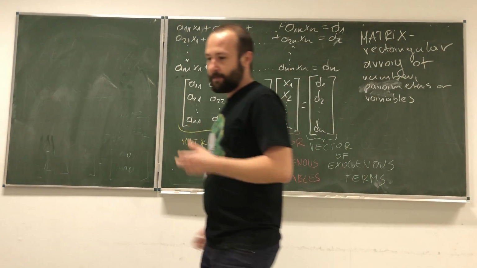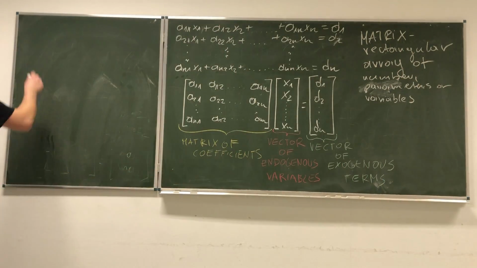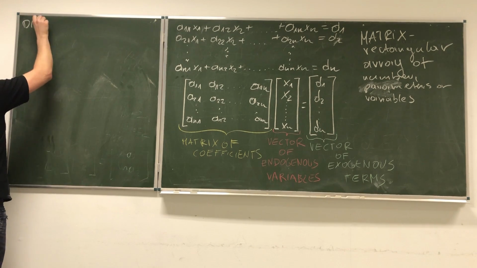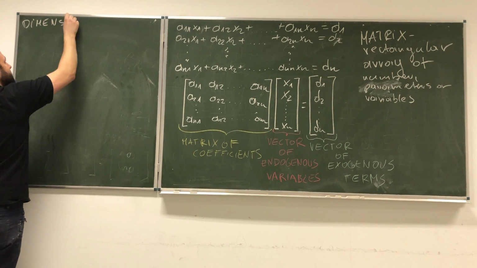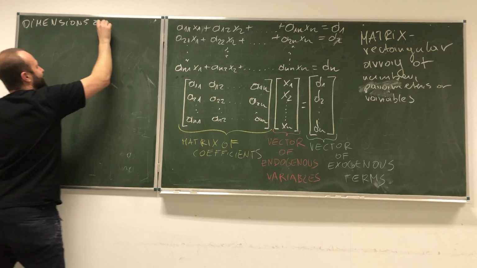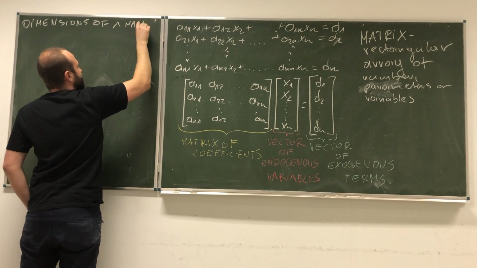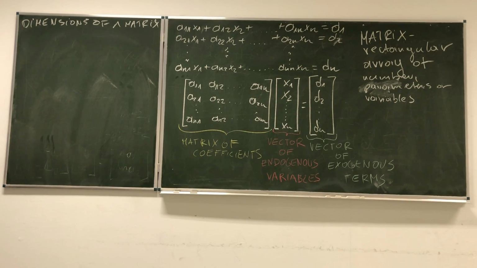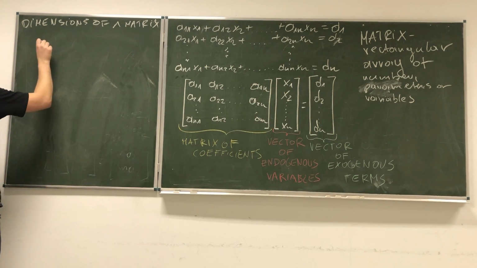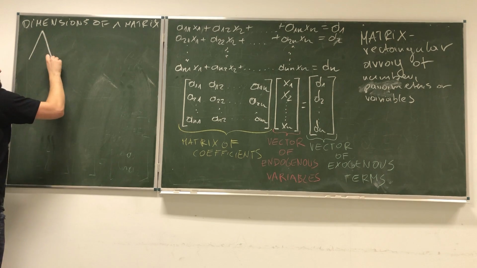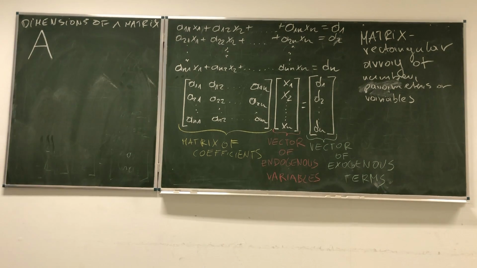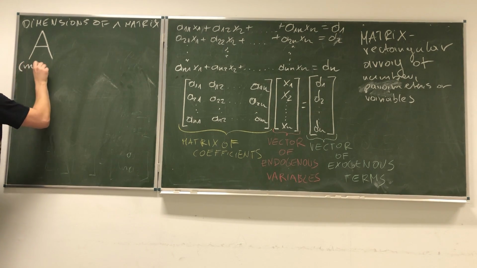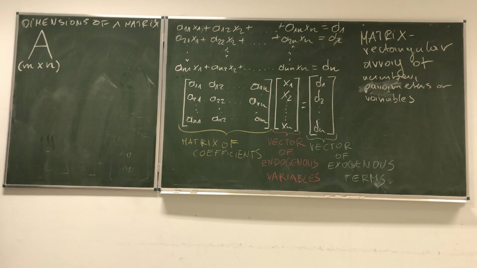How are elements located? Look, so let's start with dimensions of the matrix. Okay, so if we have some matrix A, we are saying that this matrix A has dimension m by n.